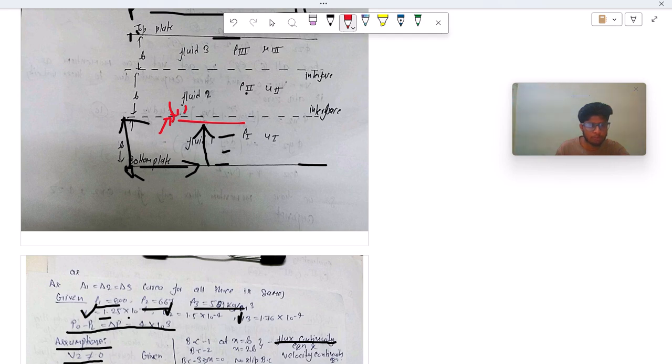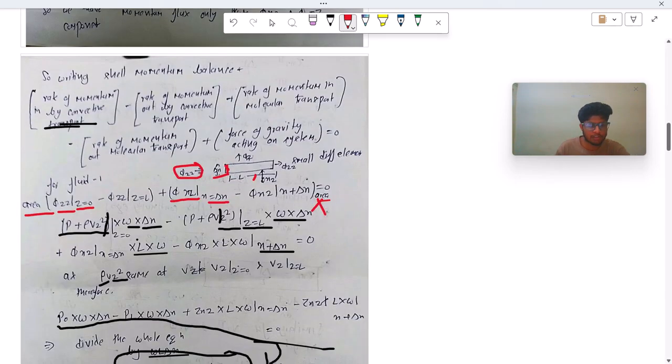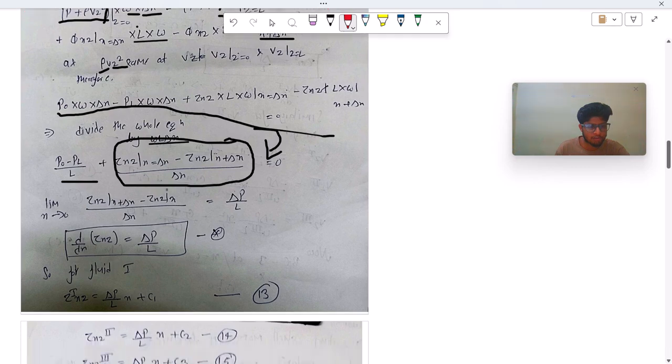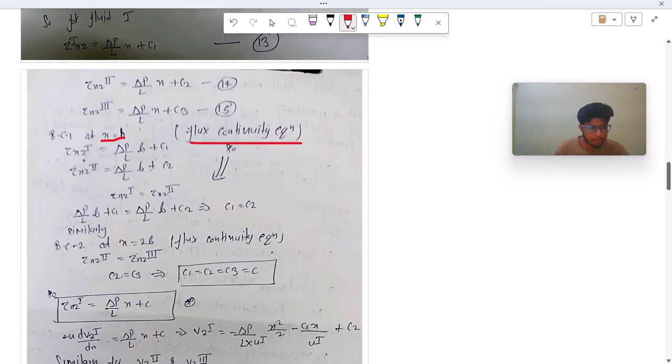As they are immiscible fluids, they are incompressible, and they are flowing in 1D laminar flow, they have to follow the flux continuity equation. So from the flux continuity equation, we have shear stress tau xz1 equal to tau xz2.